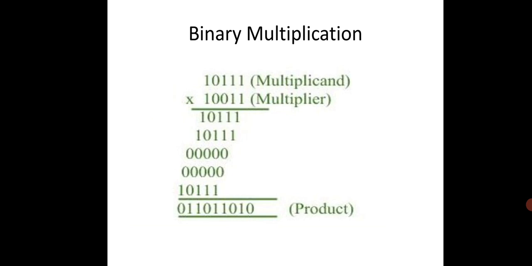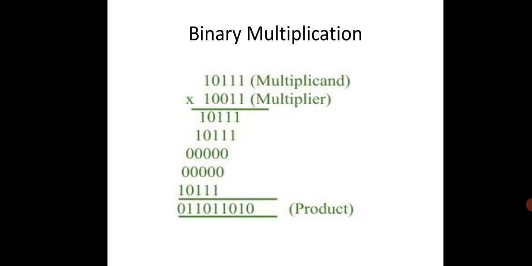The next multiplier is 0. So 0 cannot be multiplied by any number. Whatever we multiply with 0 is 0. Then again the next is 0. And the last is 1. So 1, 1, 1, 0, 1.